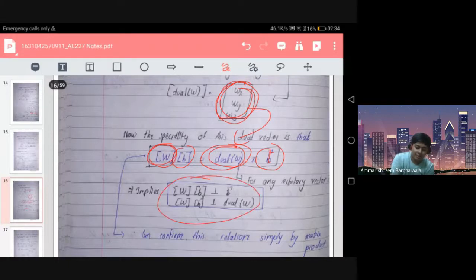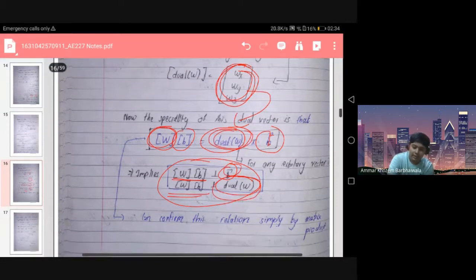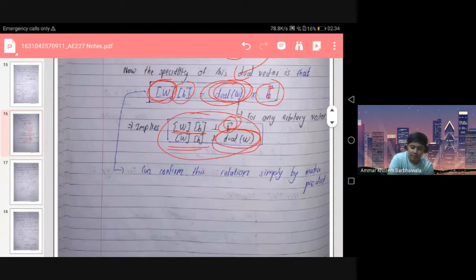It's a simple property, a concept that lets you write a dual vector of any skew symmetric matrix. As it's a cross product, the result is obviously perpendicular to both v and the dual vector. This is just a concept about the dual vector.